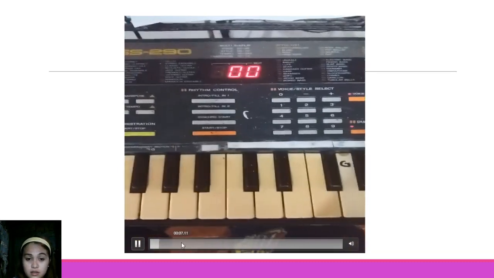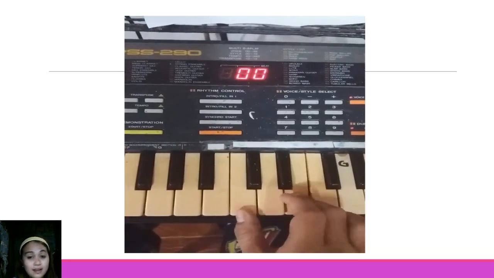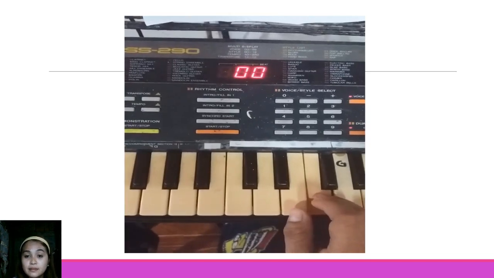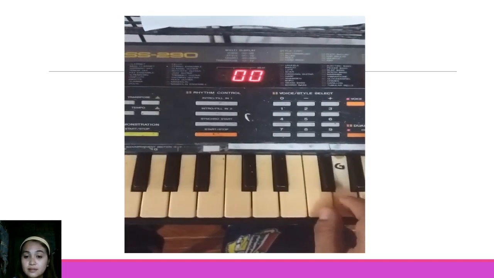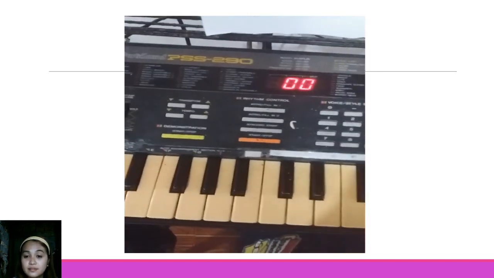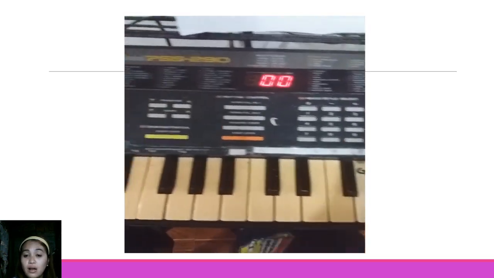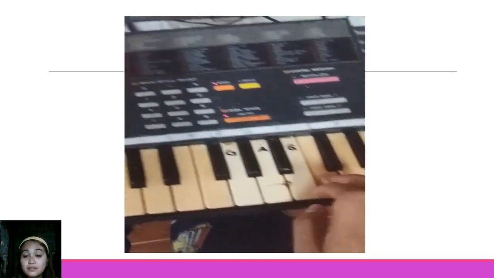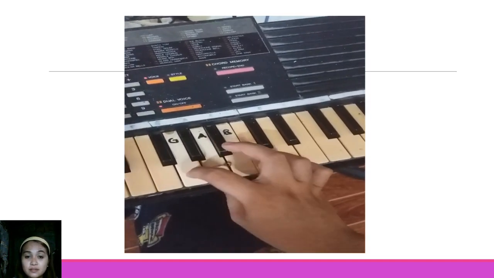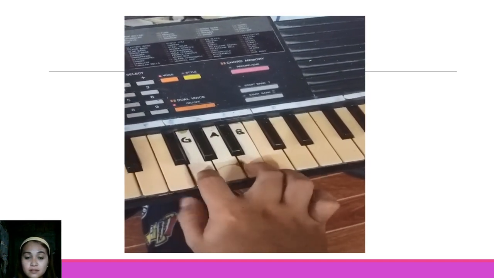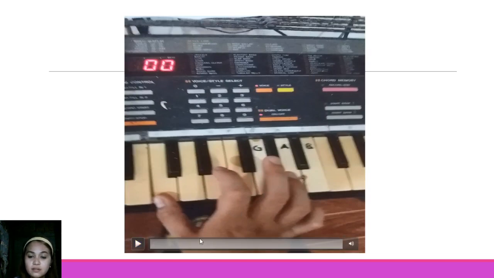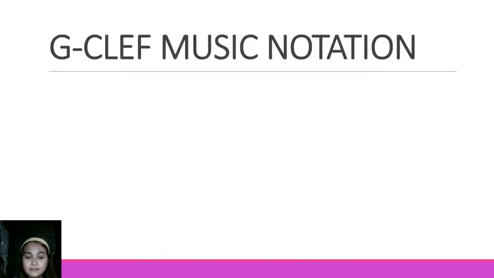Start with the natural key C. Start with the G-clef notation. Okay, music notation of G-clef.